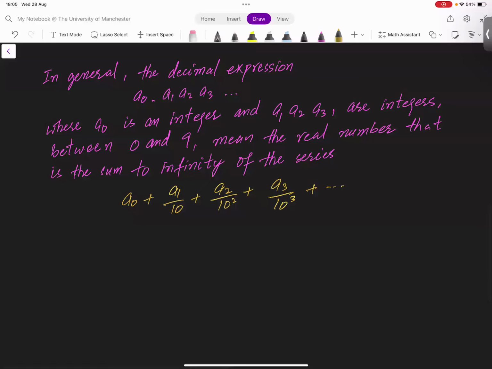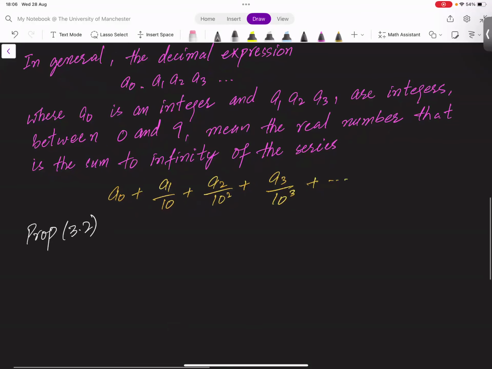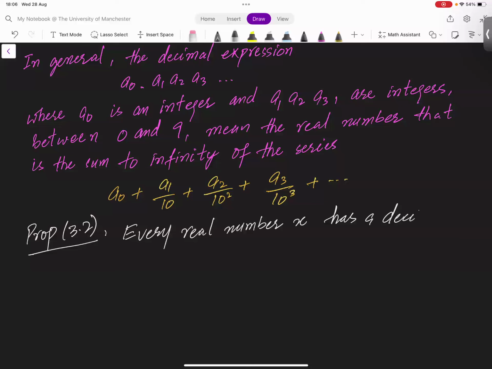Proposition 3.2 says that every real number x has a decimal expression, that is, x is a0 point a1 a2 a3 and so on.